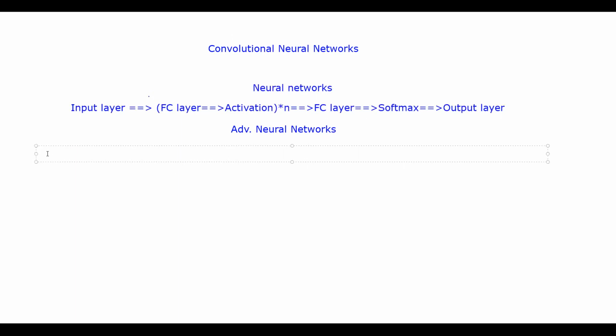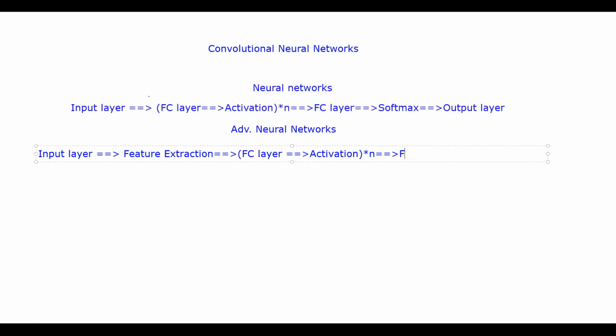What I do is I say input layer, feature extraction, then fully connected layer, activation, that is multiplied n number of times.